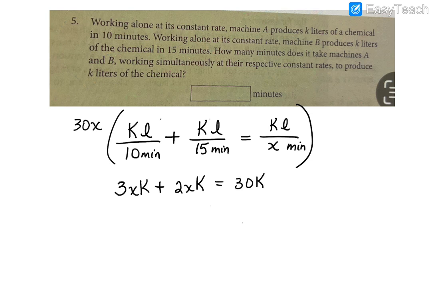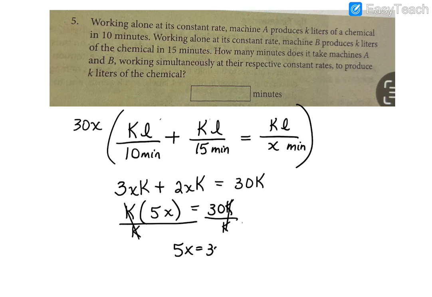If I factor a K out, I've got K times 5X equals 30K. The K's cancel on both sides, so that leaves me with 5X is 30, and so divide both sides by 5, and that's where you're getting your answer of 6 minutes.